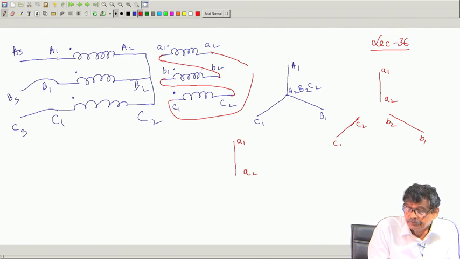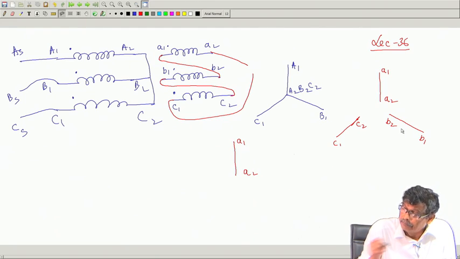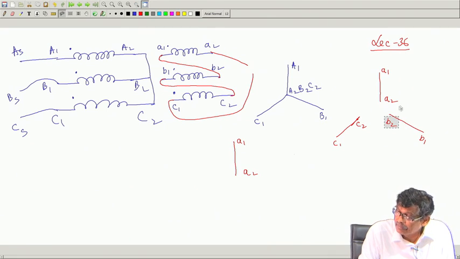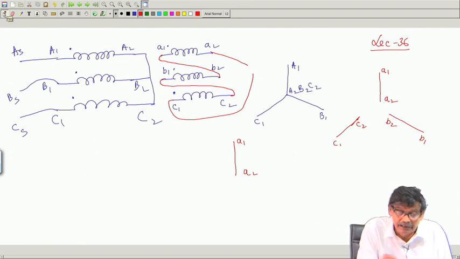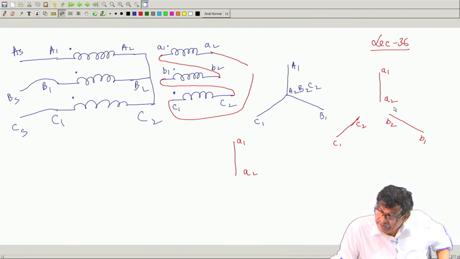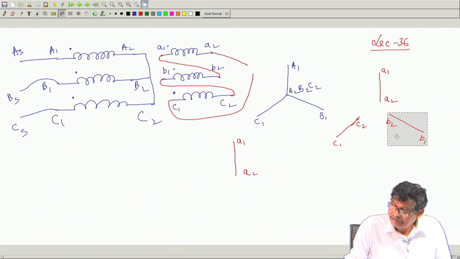Since I have already joined A1 with B2, A1 and B2 cannot be in isolation, they must be at the same potential. So, what I will do is move this phasor.